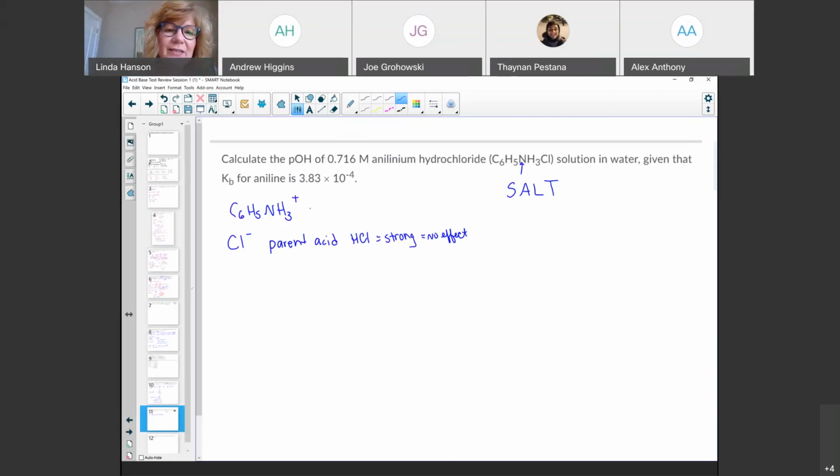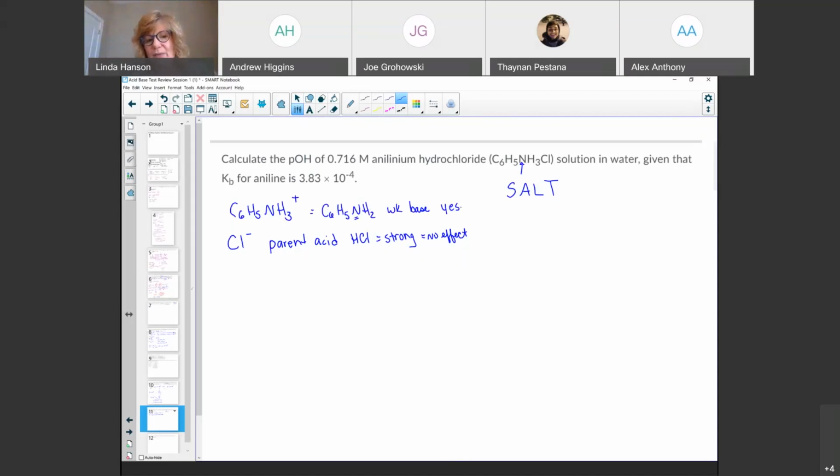We know the conjugate of C6H5NH2 would be a weak base. We know that it's a weak base because of the nitrogen in the formula. That's an ammonia derivative. And therefore, yes, it will affect the pH.